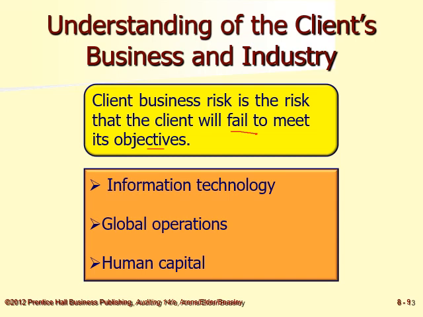If they cannot sell their clothes at that time because of some reason, maybe people no longer wear them, that is a risk the fashion designer has to face. Some risks come from information technology, changes in information technology because of global operations, and sometimes because of errors in human capital.